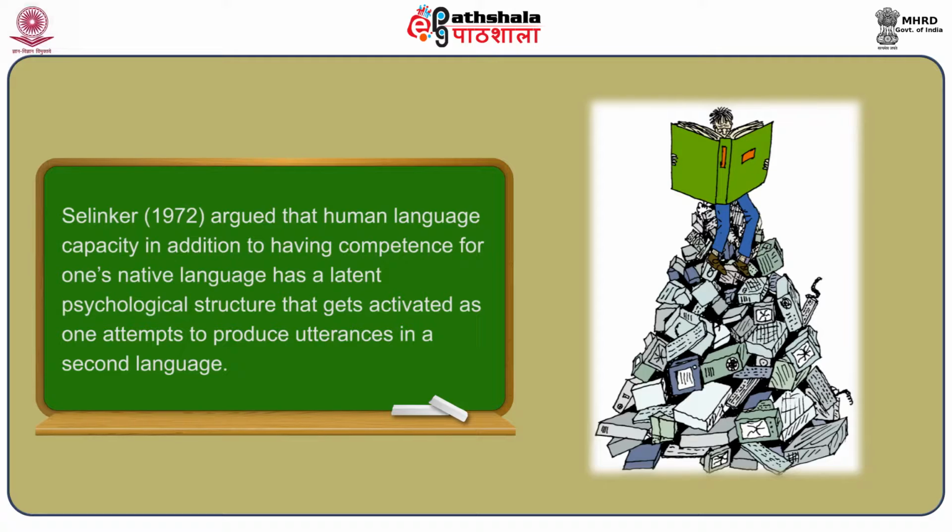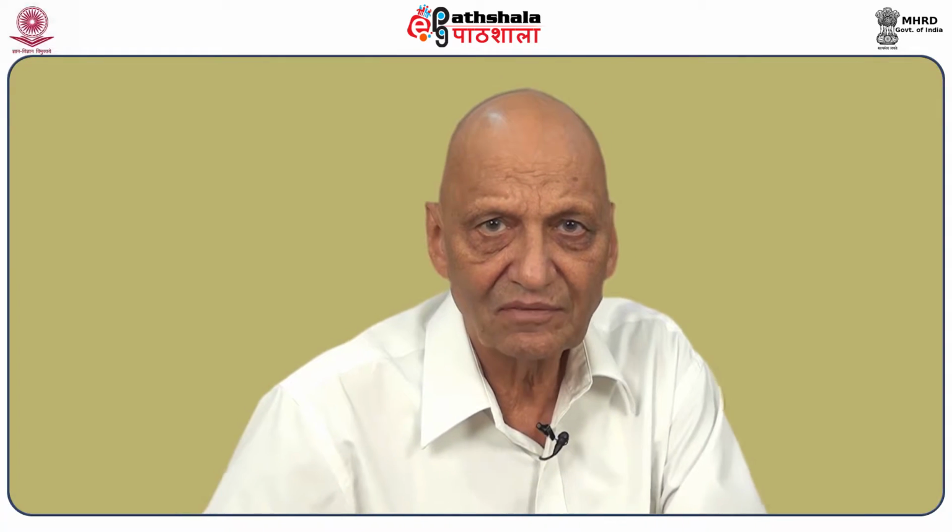And he says that error analysis only tells you the errors and it classifies and categorizes the errors. But IL, that means interlanguage, tells you the systematic nature of the interlanguage. That's the project of interlanguage.